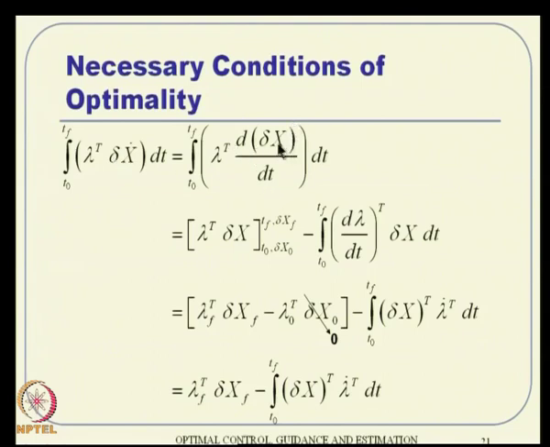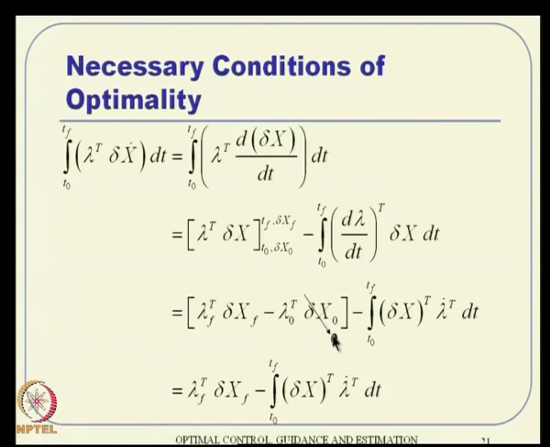Then we are ready for applying integration by parts. This is the first one, then the integral of the second one with respect to time is delta x, minus the derivative of the first one into the integral of the second one. So ultimately it leads to this expression, lambda f transpose delta x f, evaluated at t f, and minus this expression evaluated at t naught, delta x naught.